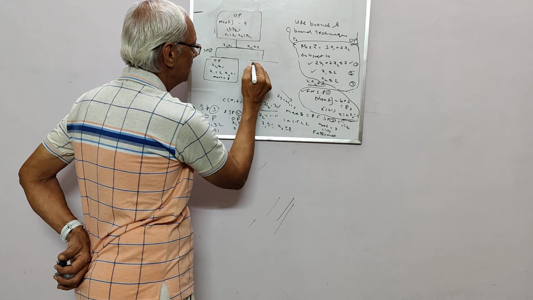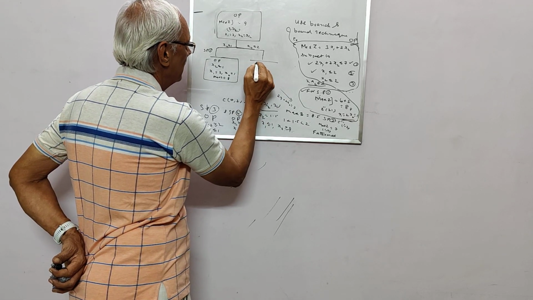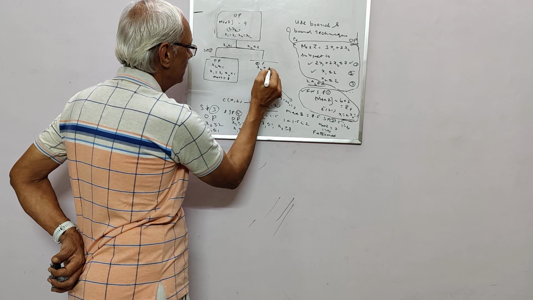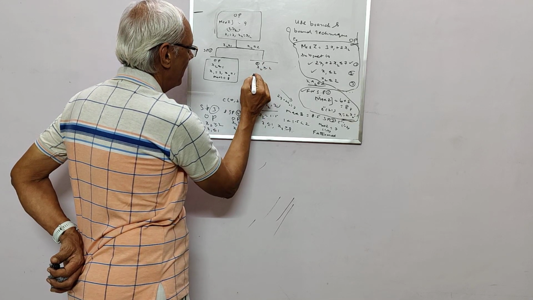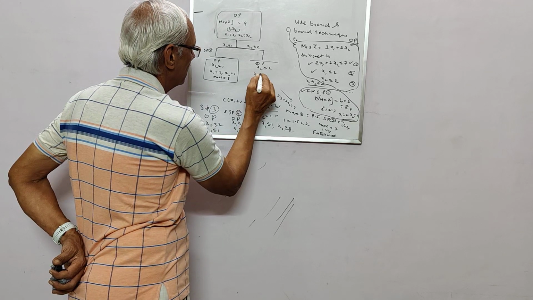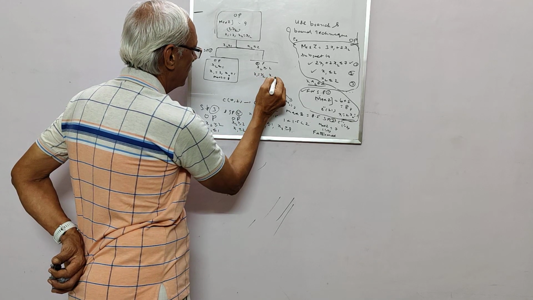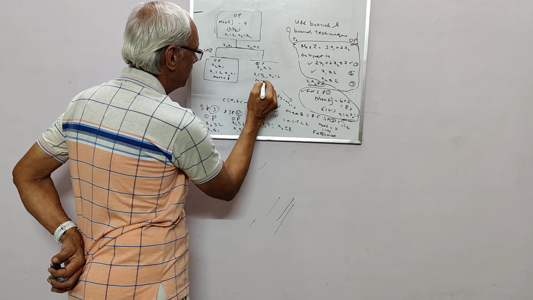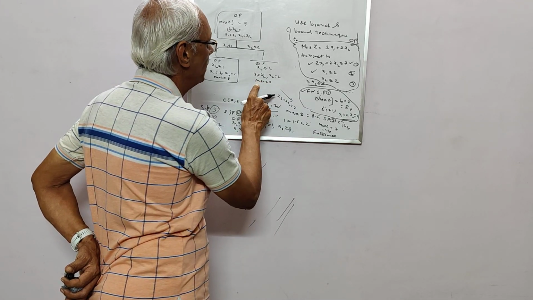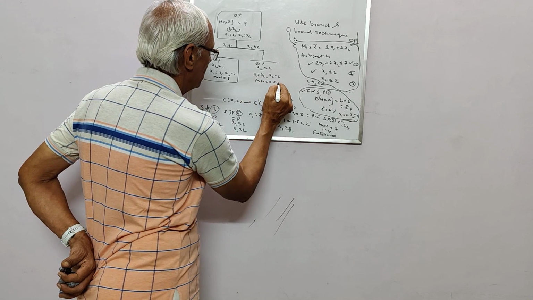Here, original problem with x2 greater than or equal to 2, x1 is 3 by 2, so max of z is 8.5.